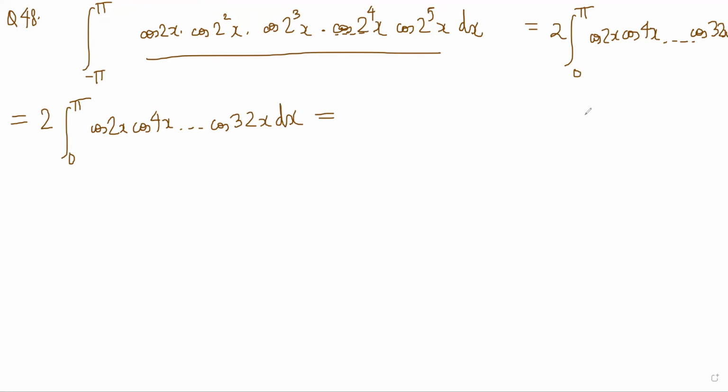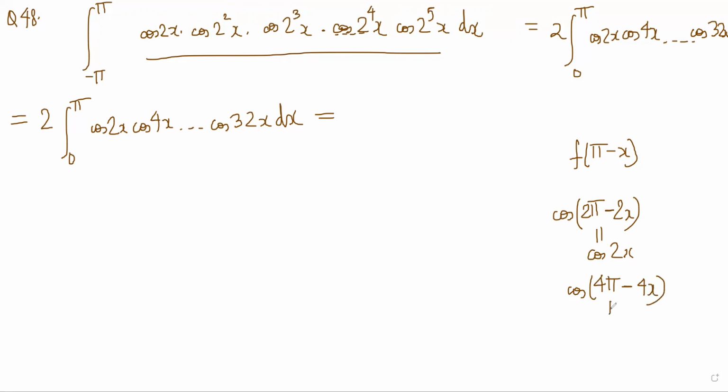Now, what happens if we put f of pi minus x instead of f of x? We can see clearly that it will be cos of 2 pi minus 2x, which is equal to cos 2x. And cos of 4 pi minus 4x will be equal to cos of 4x, right?